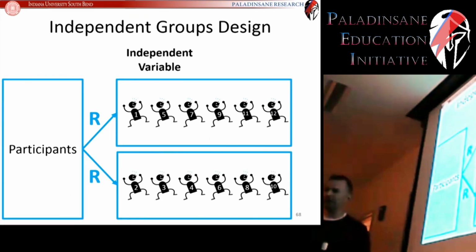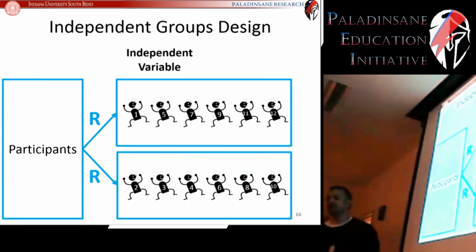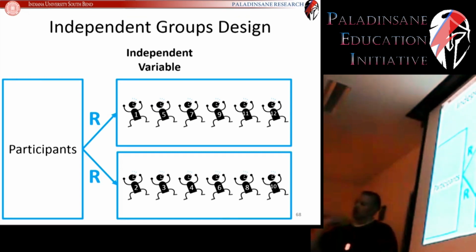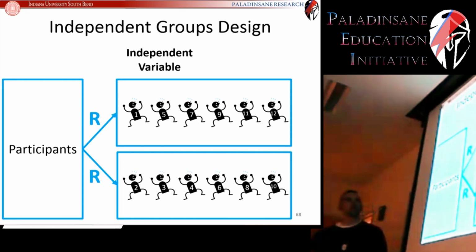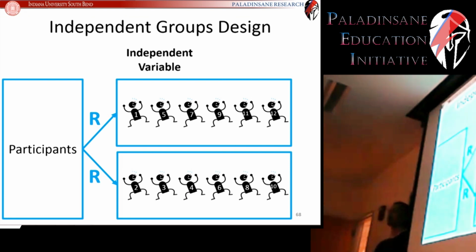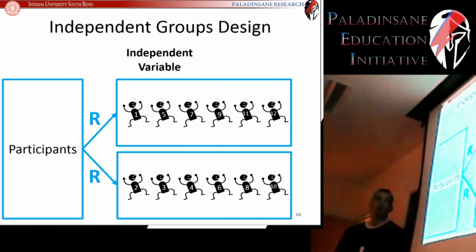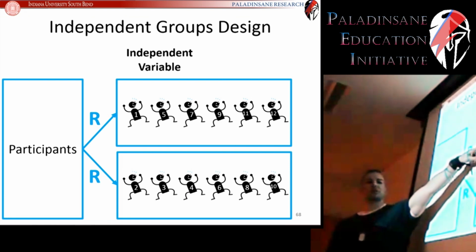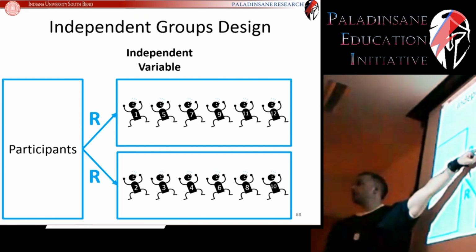Well, sticking with the violence in TV example, it was suggested that maybe one of the differences that led to more violence in one group compared to another group was that we had an exceptionally violent individual in one of the groups, right?